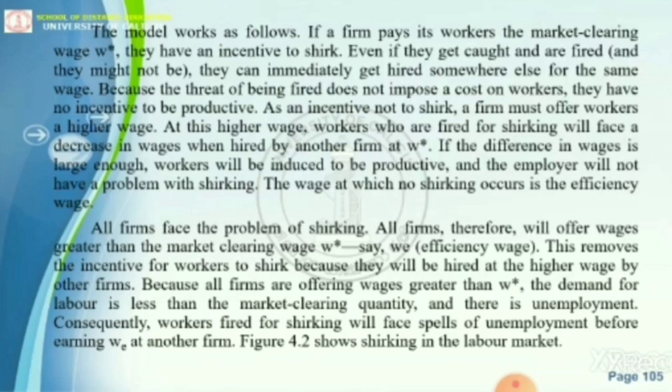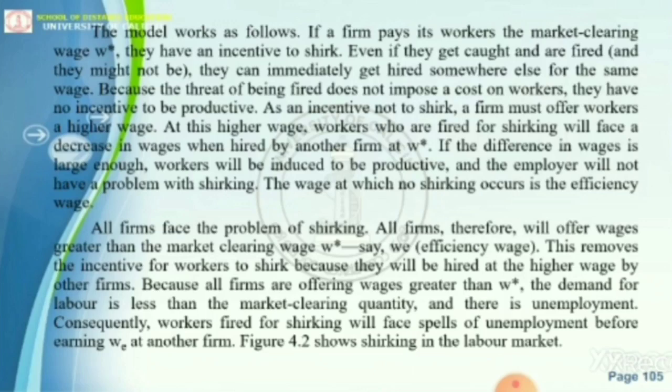In the picture we have to see how a market wage W star is shirked. All firms face the problem of shirking. All firms therefore will offer wages greater than the market clearing wage W star, say the efficiency wage. This removes the incentive for workers to shirk because they will be hired at the higher wage by other firms.